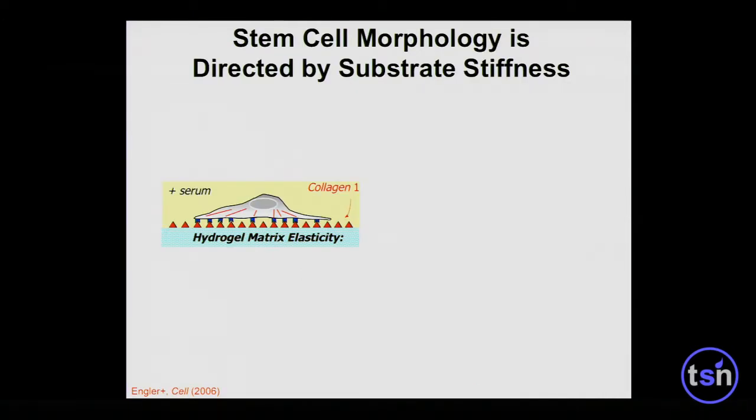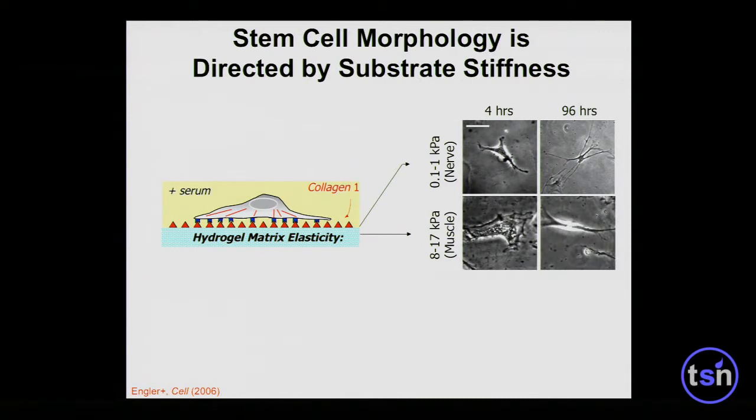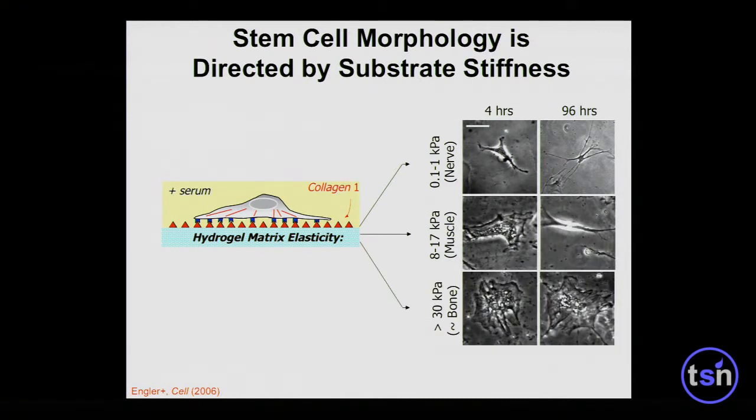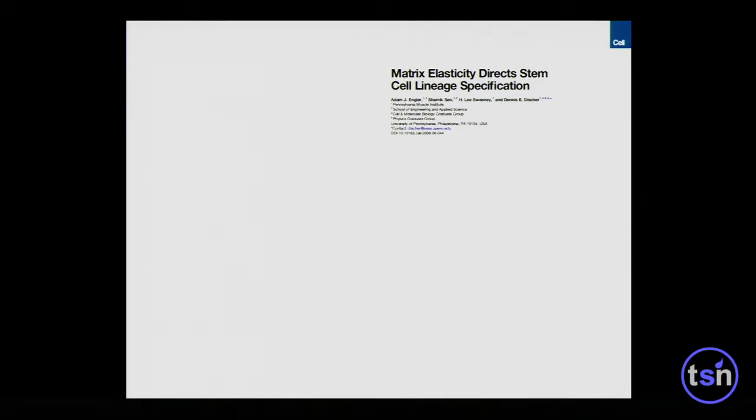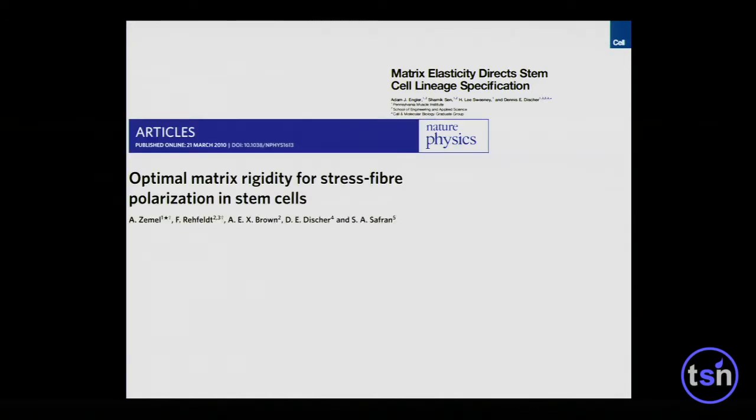And so the idea that we first started out with was whether or not stem cells could respond to these sorts of cues, and as we've shown just about a decade ago, irrespective of the specific growth factors that are in your culture, if you make a material soft or stiff, cells can intrinsically respond to those types of properties. And this has not been shown just by our group, but by a variety of others, from Helen Blount's lab, David Mooney's lab.